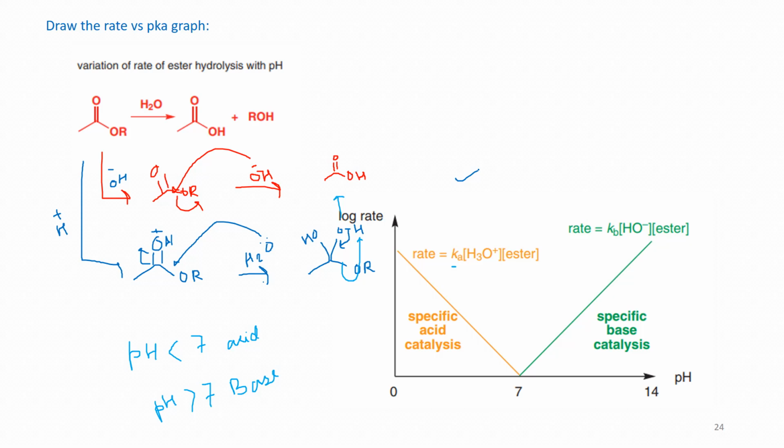So if any reaction is given which is specifically catalyzed by acid only, then which part of the graph will you show?